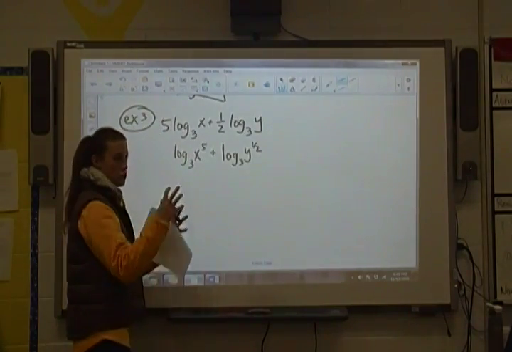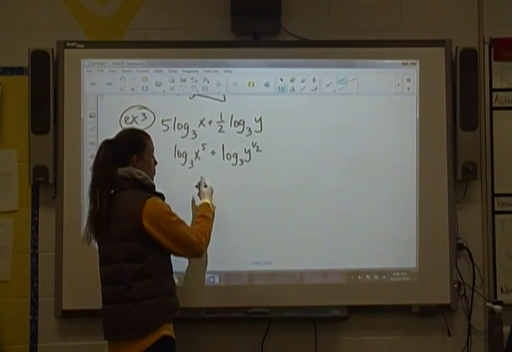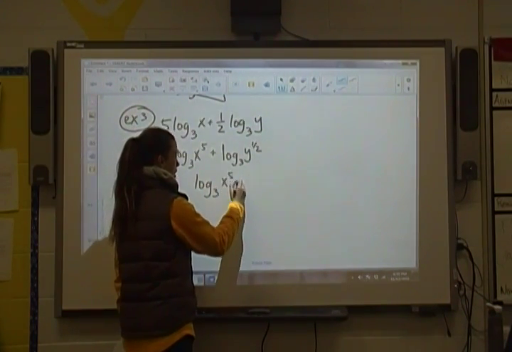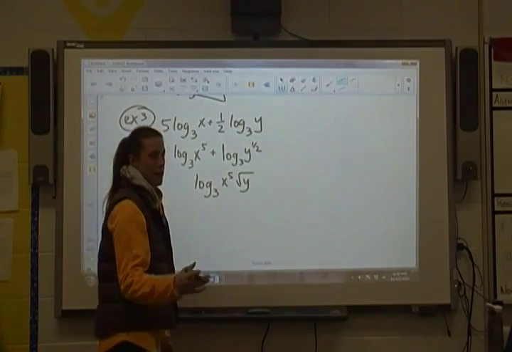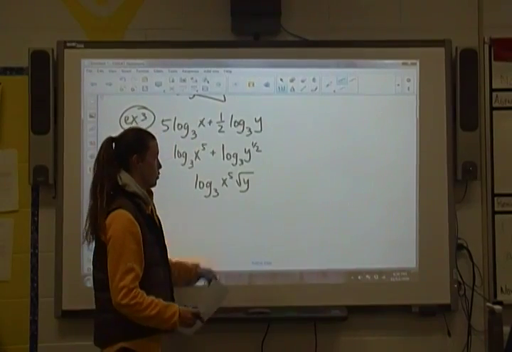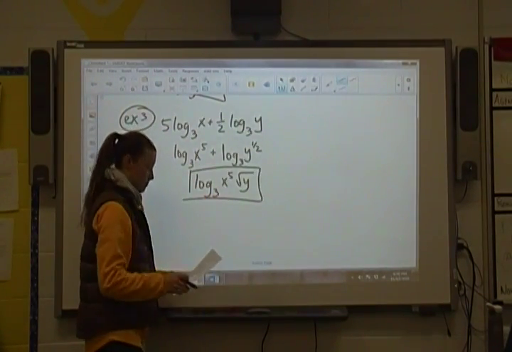And then I want to remember my goal is to write that as one logarithm at the end. So this addition tells me I'm going to be multiplying. So log base 3 of x to the 5th and the square root of y. When we're condensing, we want to get rid of those fractional exponents, change those into roots whenever possible. So that is our answer there.